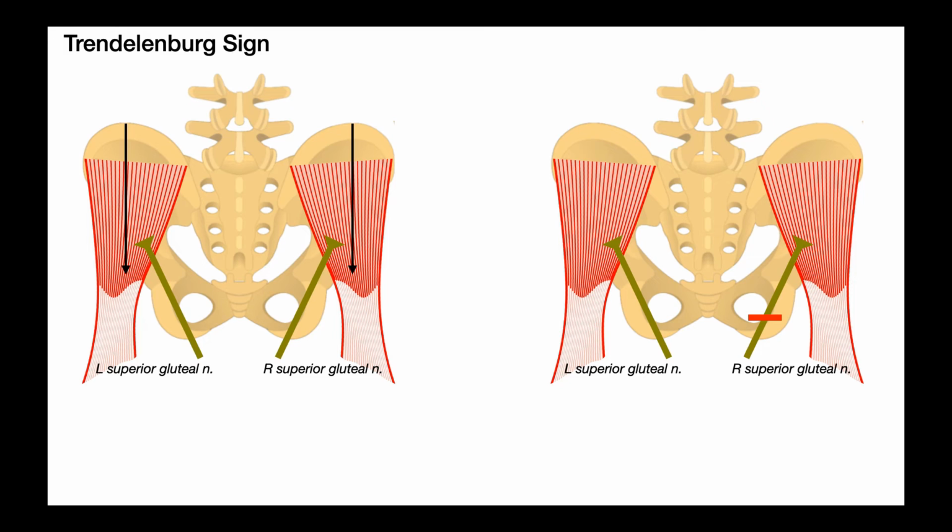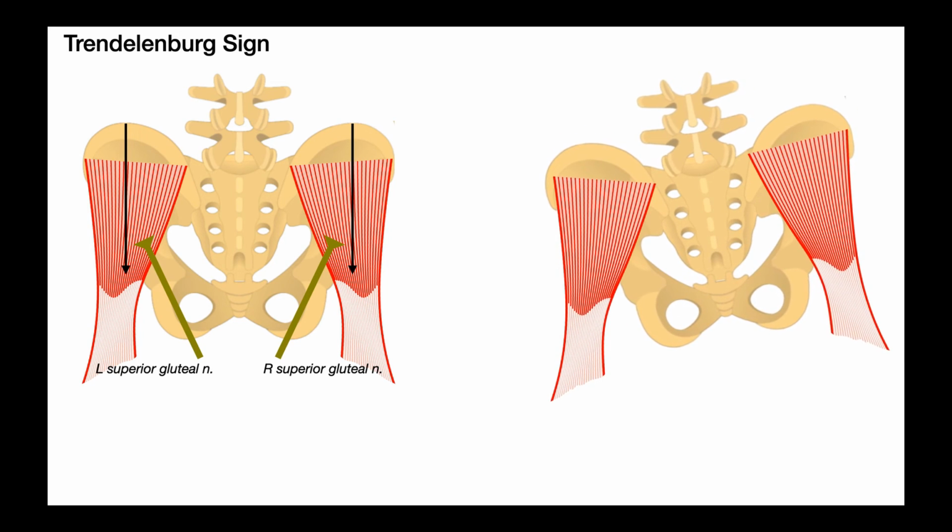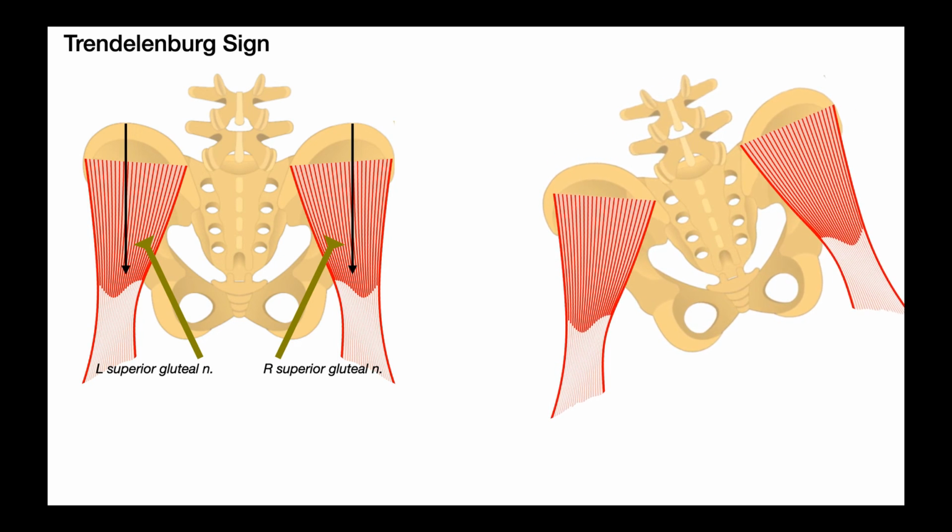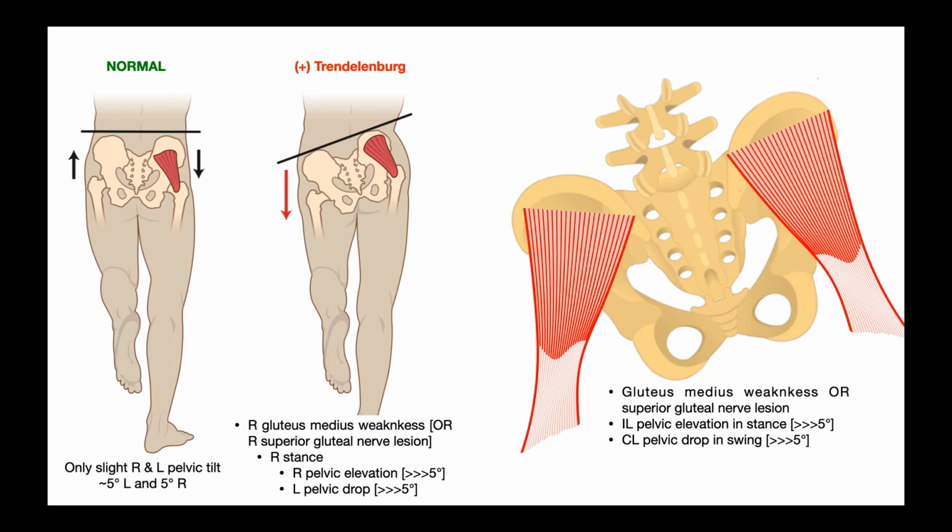Let's take a look at that again. We have either weakness of the right gluteus medius muscle or we have a lesion of that nerve on the right side. Again, that muscle can't function to hold that half of the pelvis down while you're on stance on that side. And as a result, that side comes up and the other side comes down.